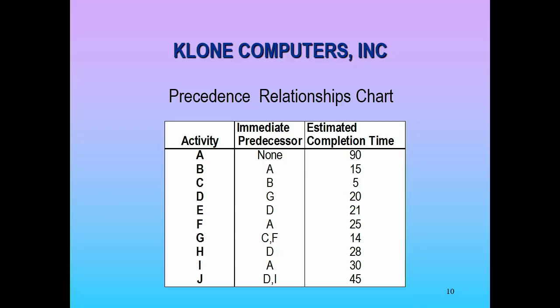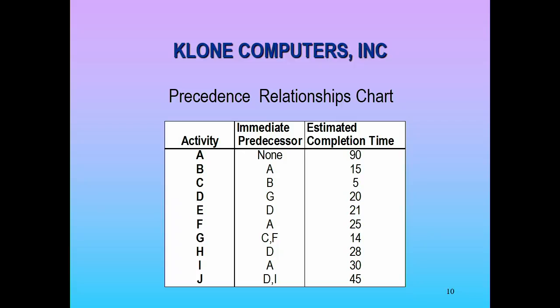So every activity, A, B through J, and these would have names, obviously, has an estimated completion time, and it has immediate predecessors. And the way you read this is A doesn't need to wait for anything to be done. A is like the start node, the start activity. B needs to wait on A to complete.